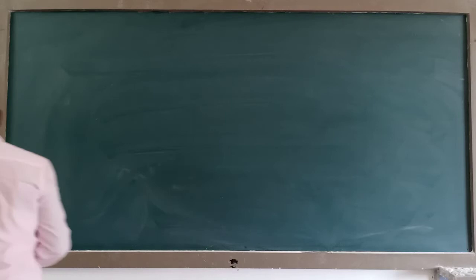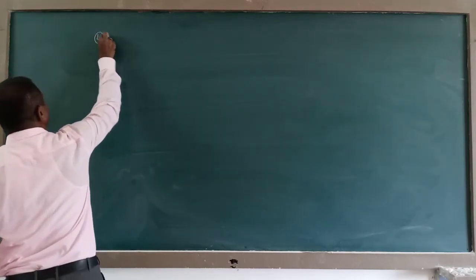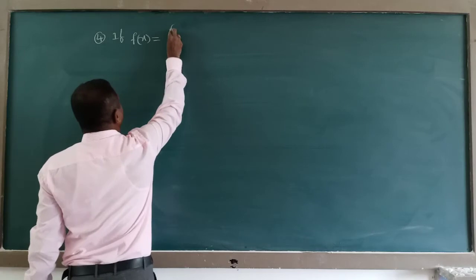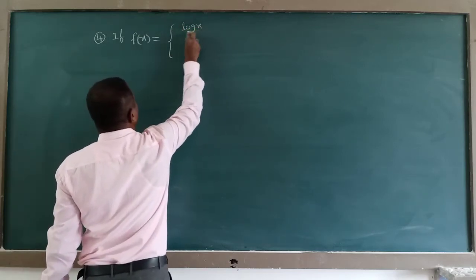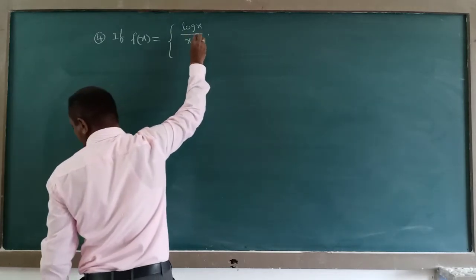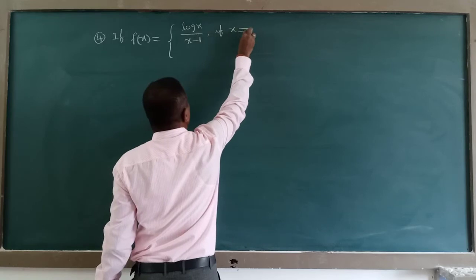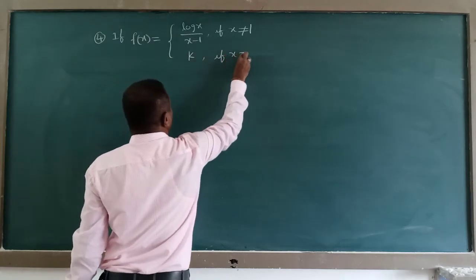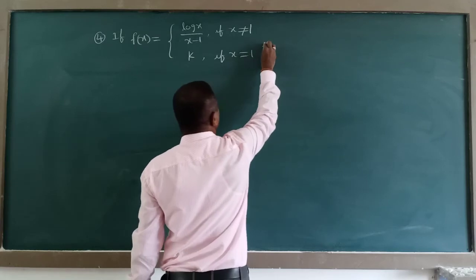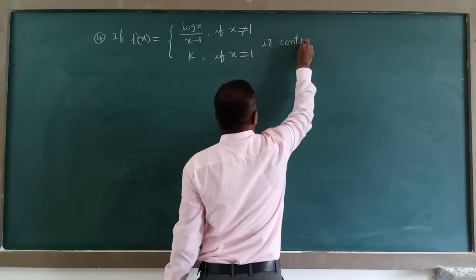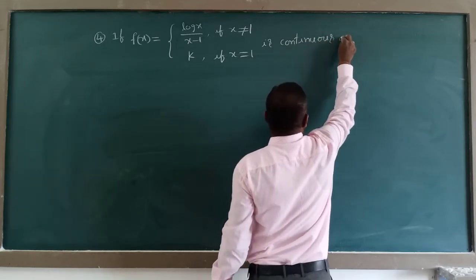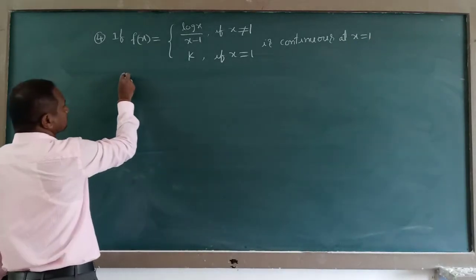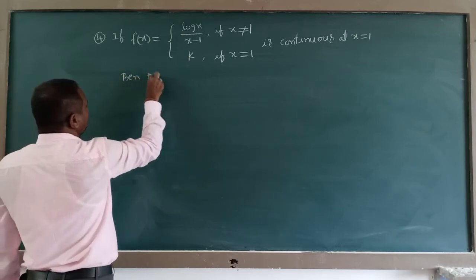Next question. If f of x is equal to log x whole divided by x minus 1, if x is not equal to 1, and k, if x is equal to 1, is continuous at x is equal to 1, then the value of k is.